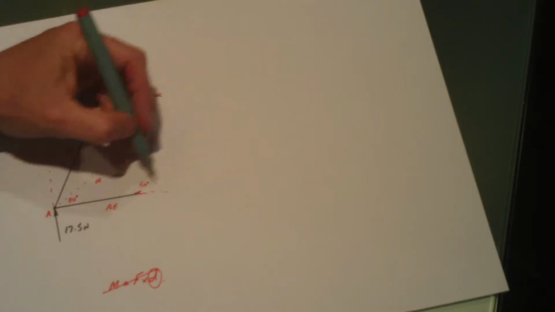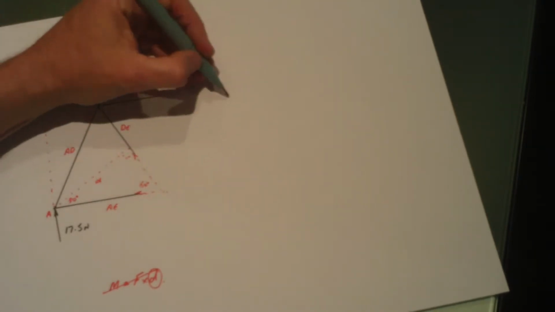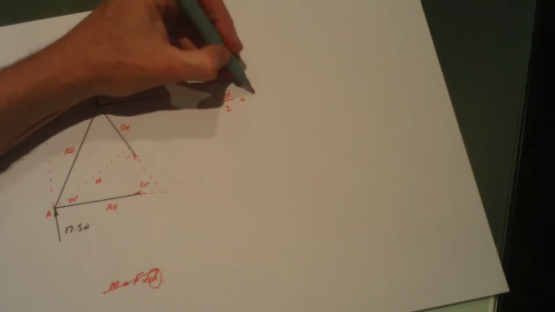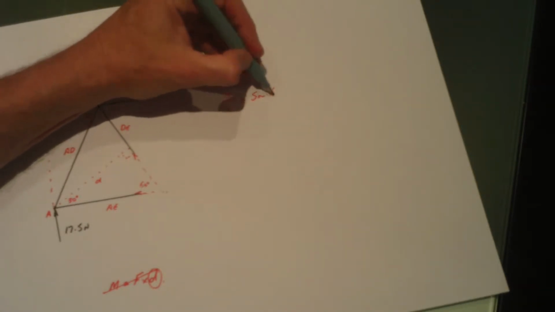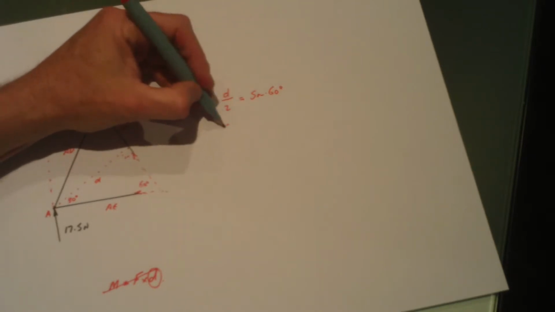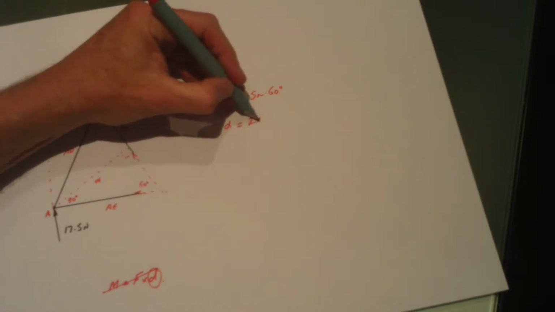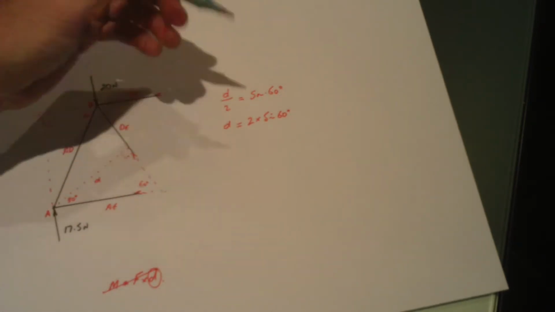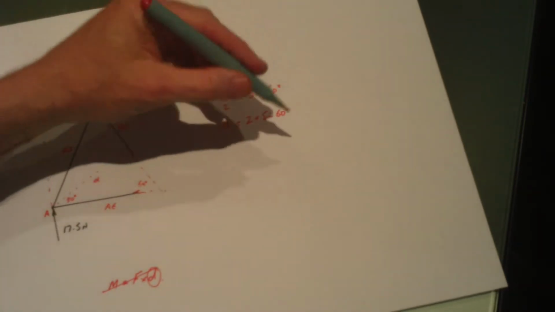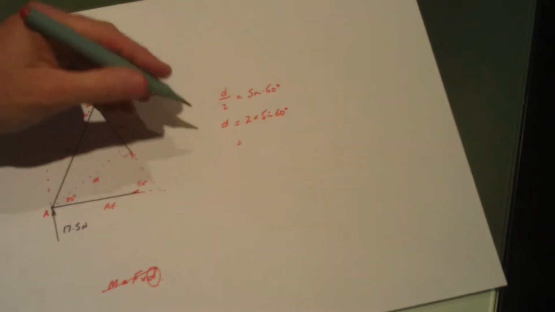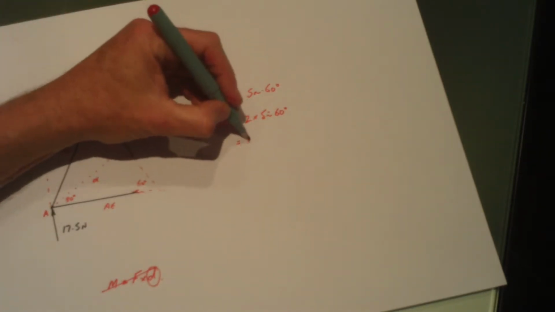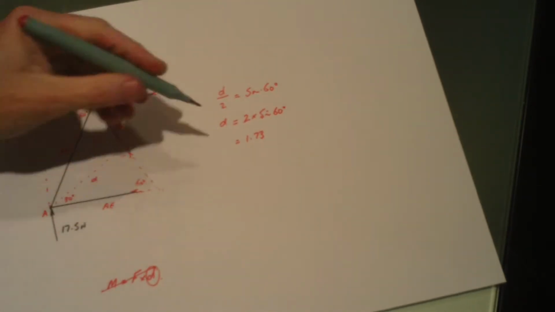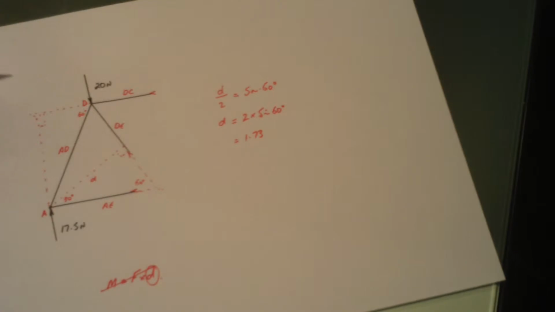Opposite on hypotenuse, D over the hypotenuse, which is 2, is going to equal the sine of 60 degrees, or D is going to equal 2 times the sine of 60 degrees, and the sine of 60 degrees is 0.8 something. I've calculated it out before, so this turns out to be 1.73, twice the sine of 60. That distance becomes very useful to us later.